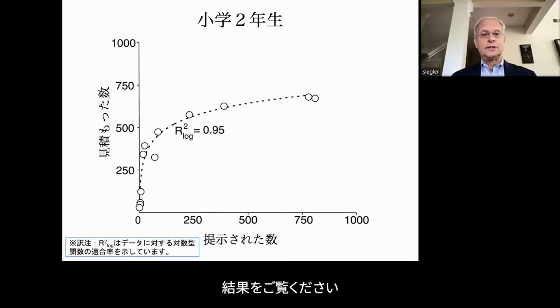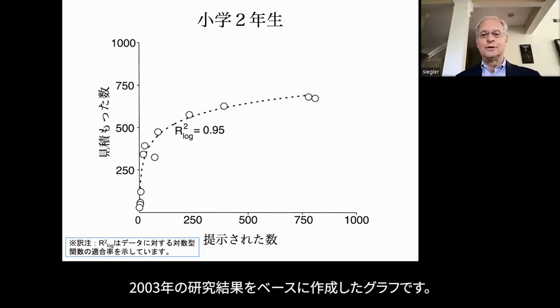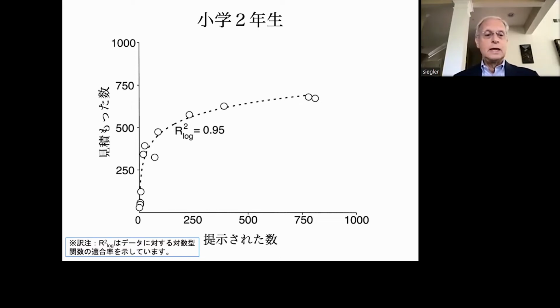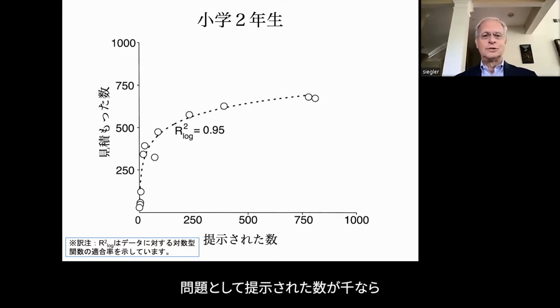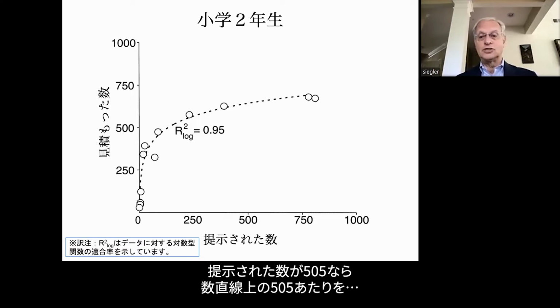Here are the results that Siegler and Opfer 2003 obtained. One striking result was that the ideal here would be to have a linear function where you'd have 1,000 as a presented number and 1,000 as a median estimate at this point on the top right, and 750 and 750 and 500 and 500 and so on.